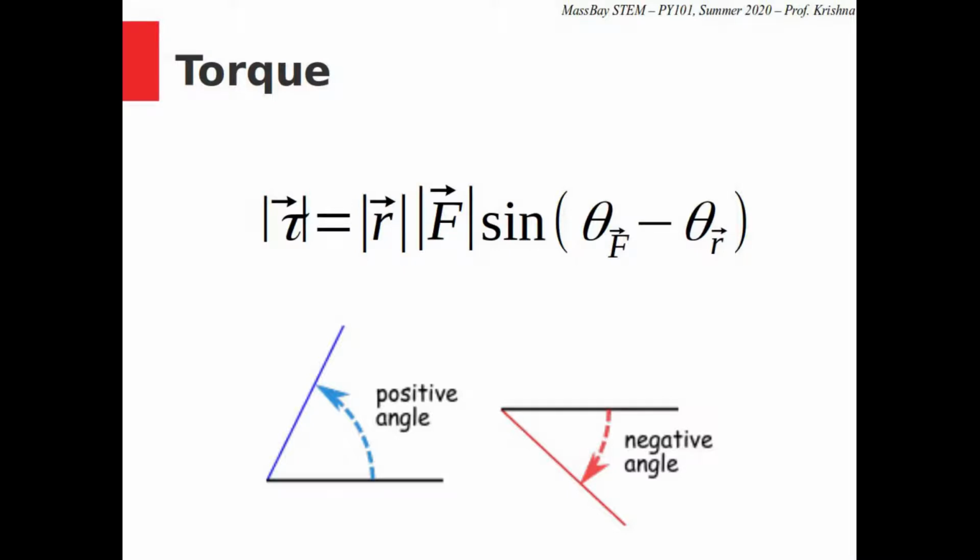Just like force, torque is a vector. The direction of torque is given by which direction it would tend to spin an object. A torque that would tend to spin an object counterclockwise is considered positive. A torque that would tend to spin an object clockwise is considered negative.